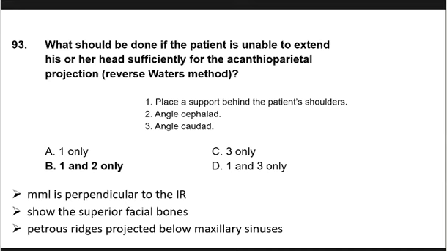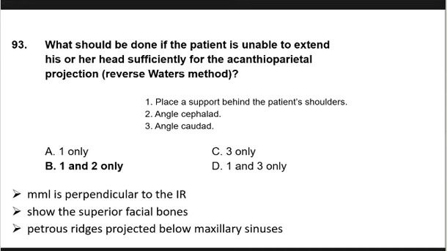That is the line which is perpendicular to the image receptor. So in the Waters, the mento-meatal line is perpendicular to the image receptor. MML is a line that connects from the mentum to the center of the external auditory meatus.